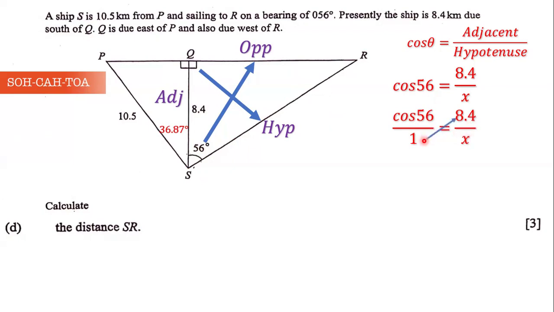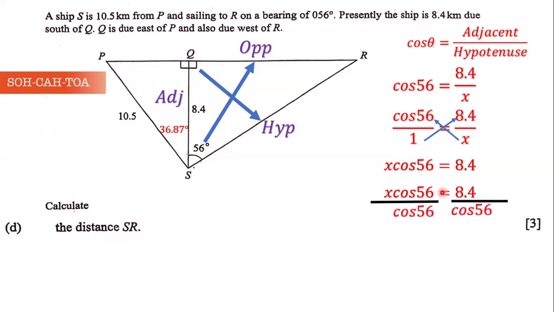And so we cross multiply right here. We have x multiplied by cosine of 56, and we have 1 multiplied by 8.4. So x times cosine of 56 is equal to 8.4. We have to divide both sides by cosine of 56, and we can cancel out the cosine of 56.